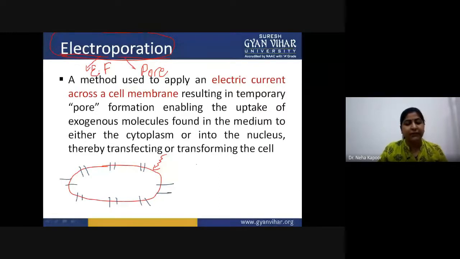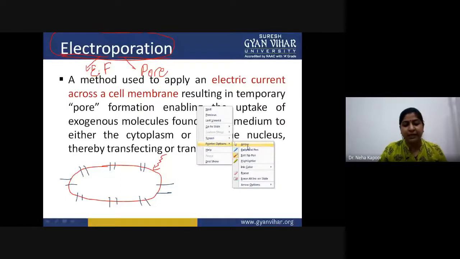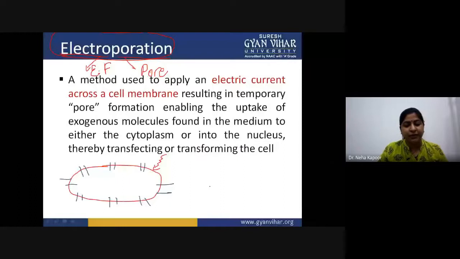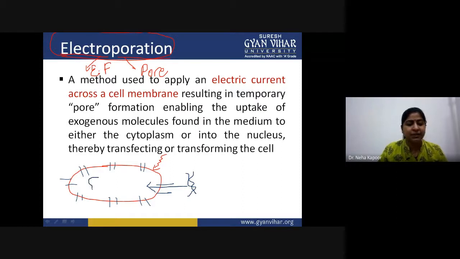After that, when these pores are created, your DNA of interest will enter inside the cytoplasm through these pores. And here it is the genome, and it will get integrated here and be stably expressed, and this resultant cell would be called a transformed cell.